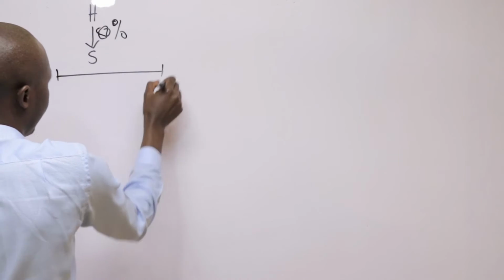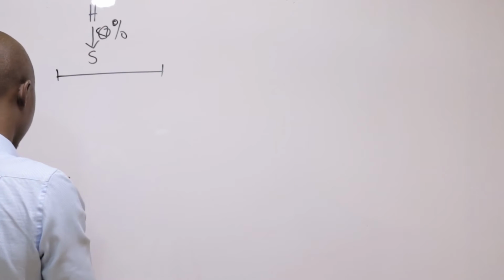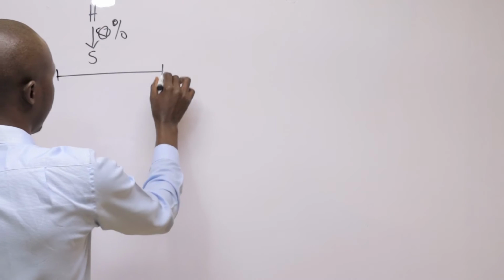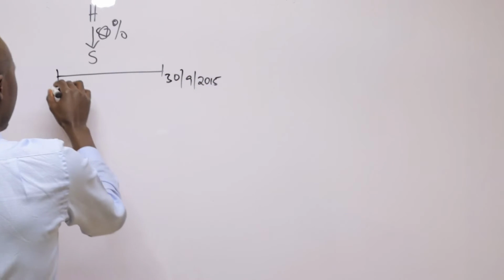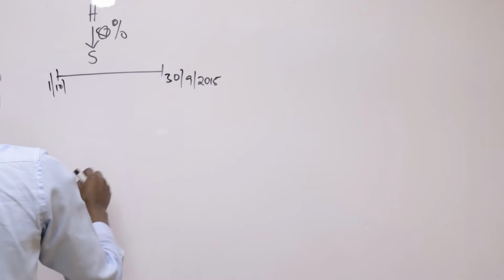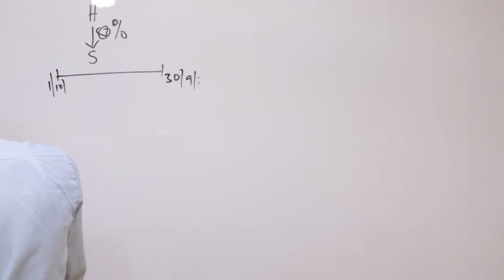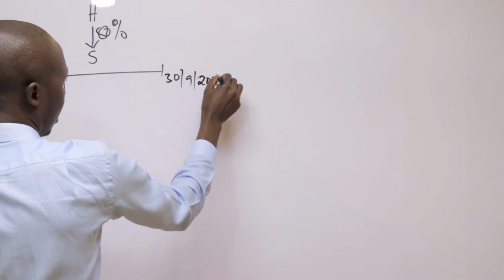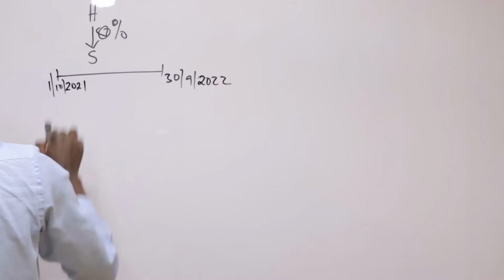So timing. Our financial year ends when? Our financial year ends 30th September 2022. So it starts in October 2021.